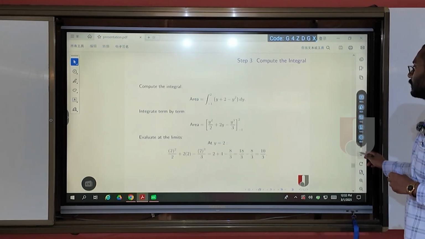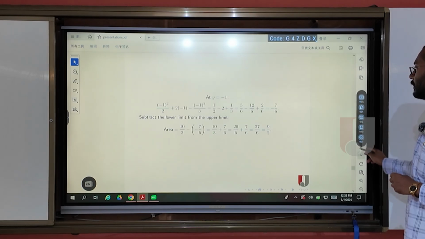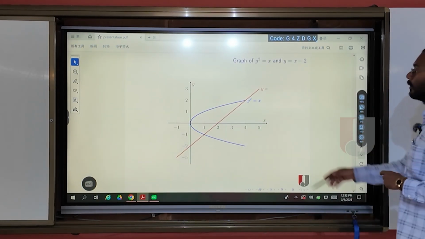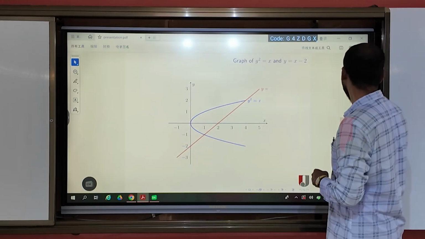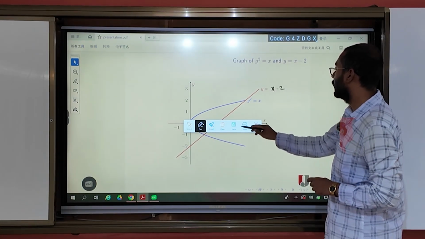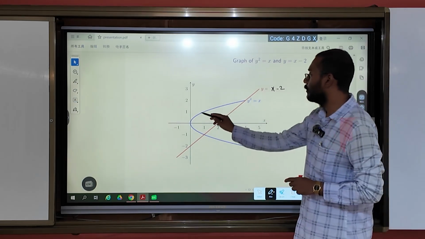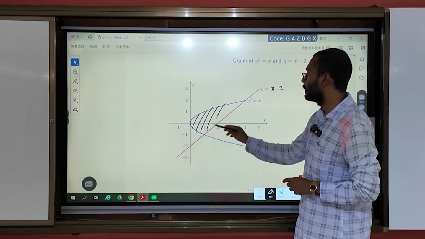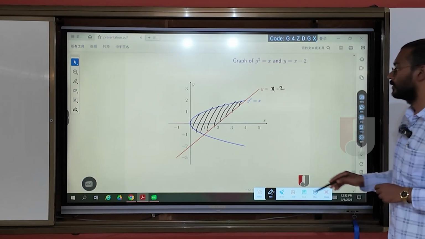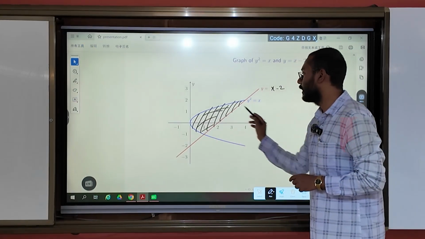Okay, so now if I draw the curve, one curve is y equal to x minus 2, and here it is y square equal to x. So we have to compute that zone, that entire portion we have to find out.